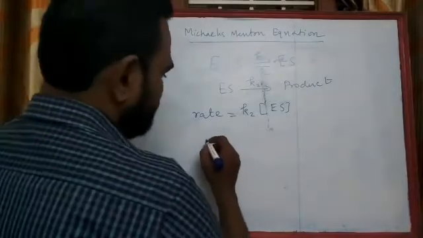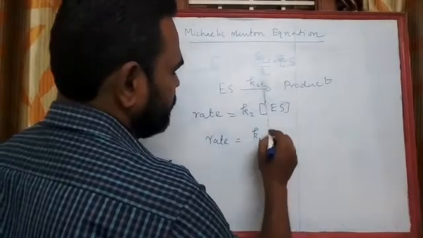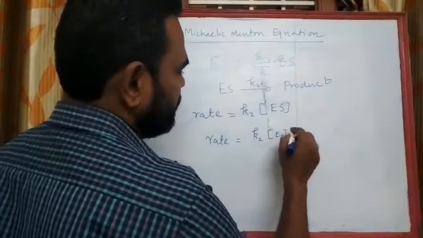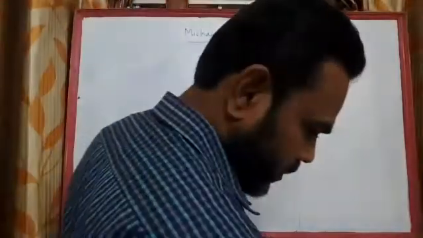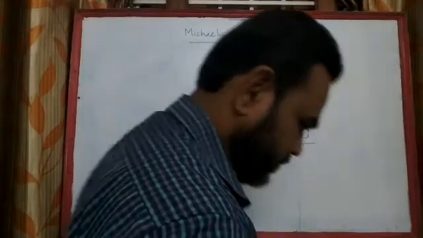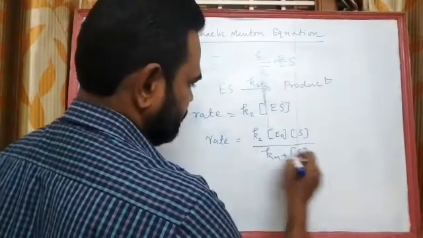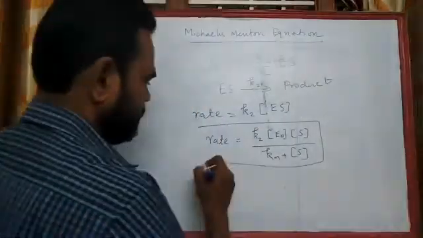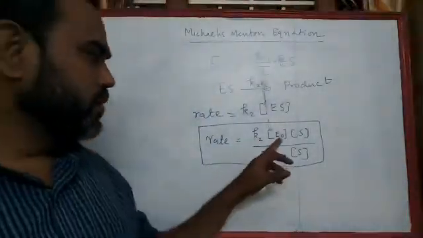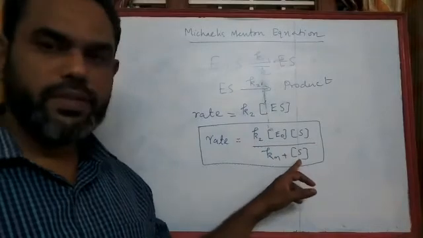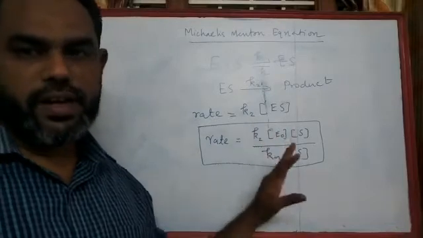After substitution, the rate of the reaction changes to K2 E0 S divided by Km plus S. So you have already derived this equation.